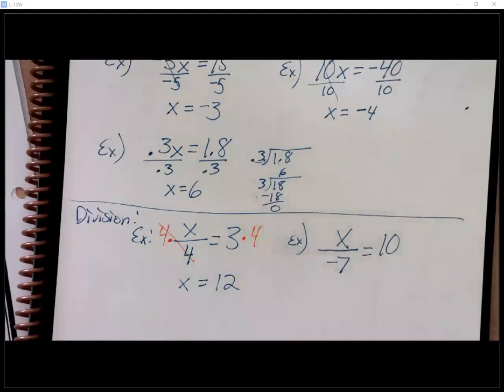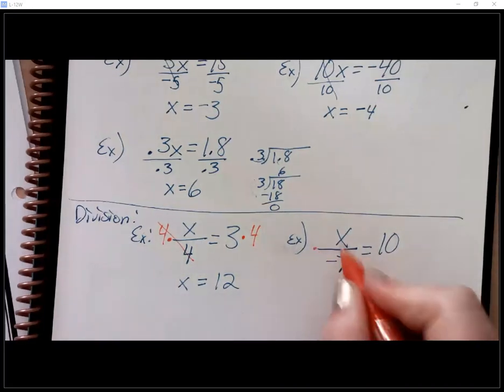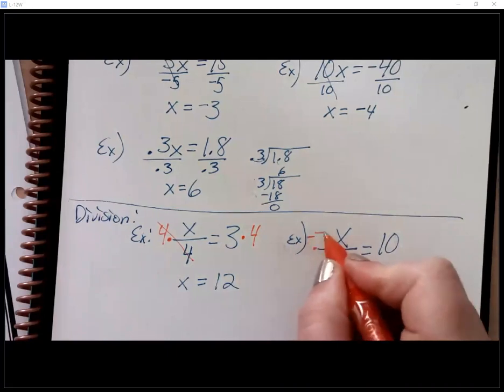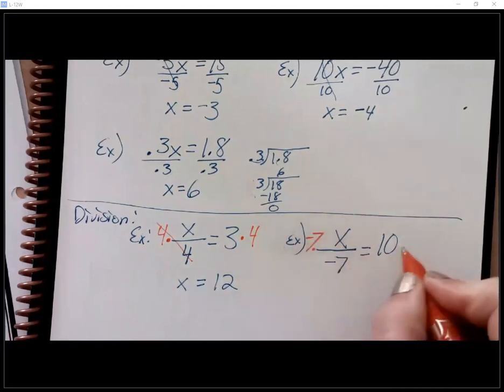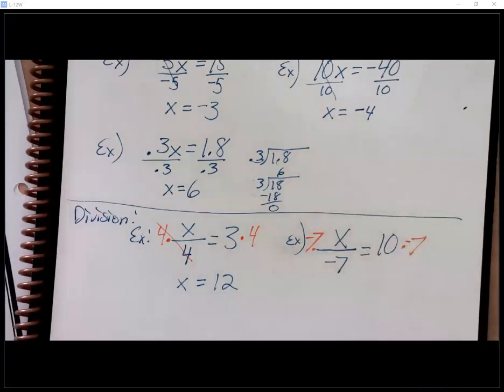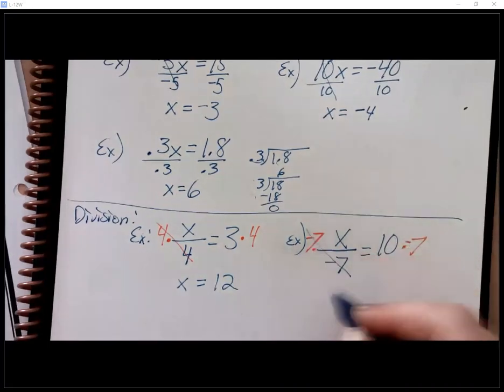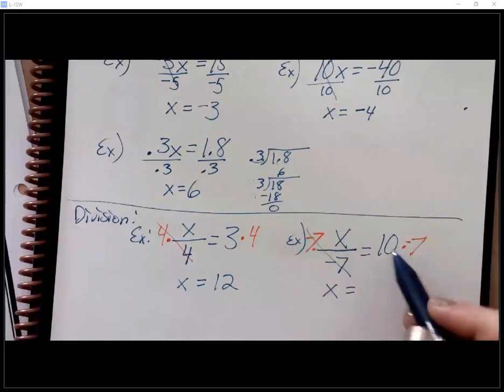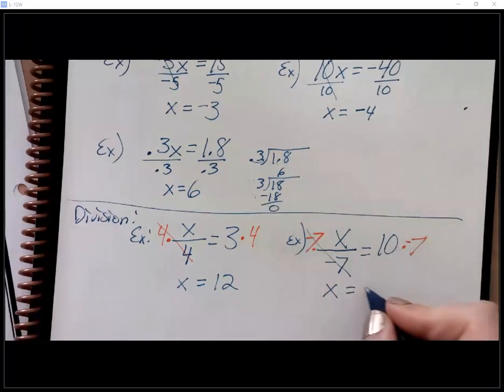You can, but you actually don't need it. You can get away, Jay, what would you do? Yeah, so instead of dividing by 7, we're gonna multiply both sides by 7. So I'll sneak that in and, oh, -7, right? So on the left, both of those cancel, so I'm just left with x. And then on the right, I'm just doing 10 times -7, and I get that -70.